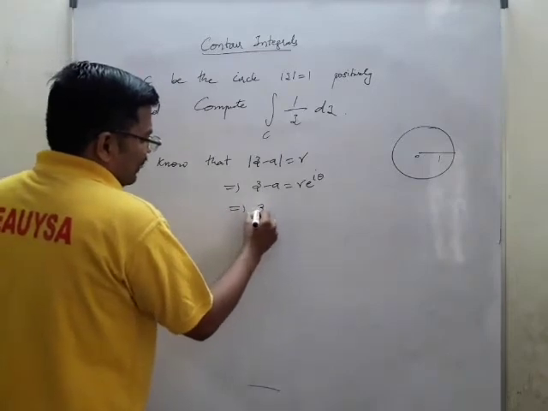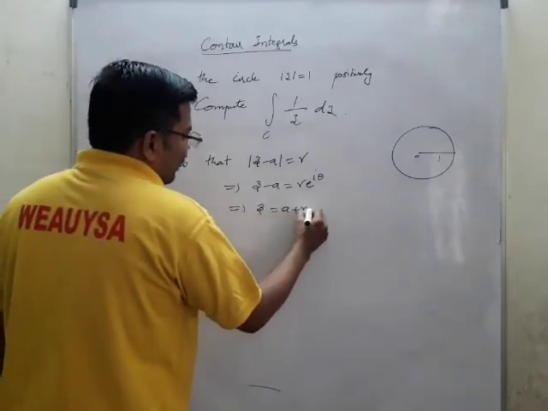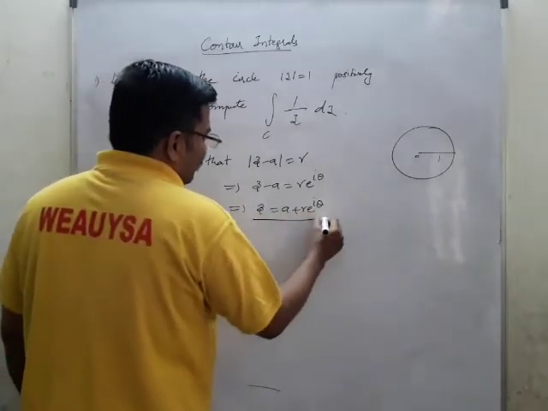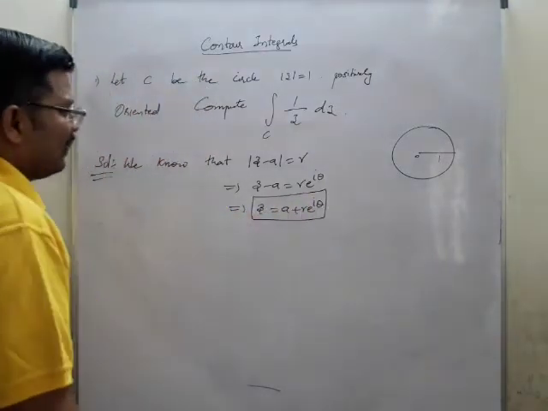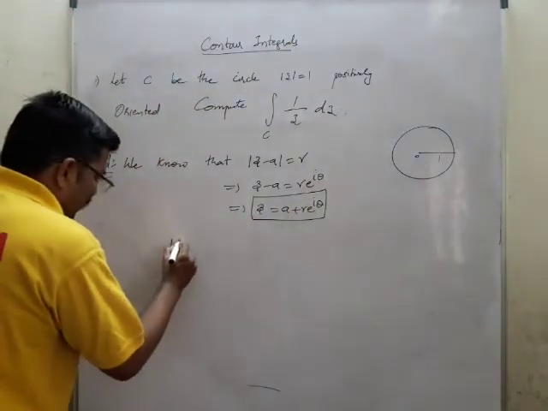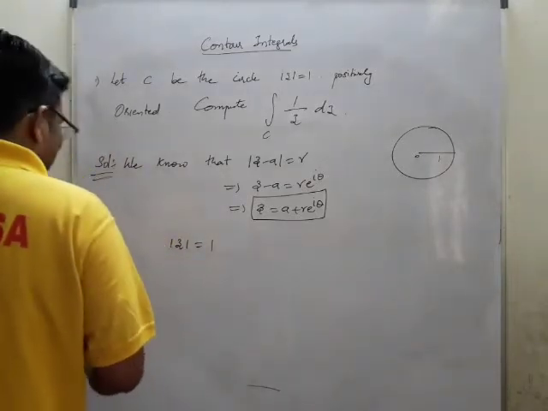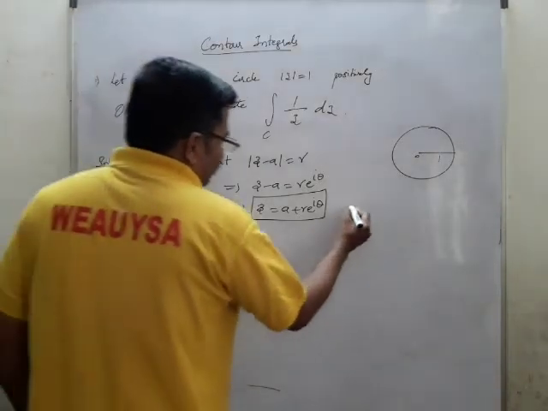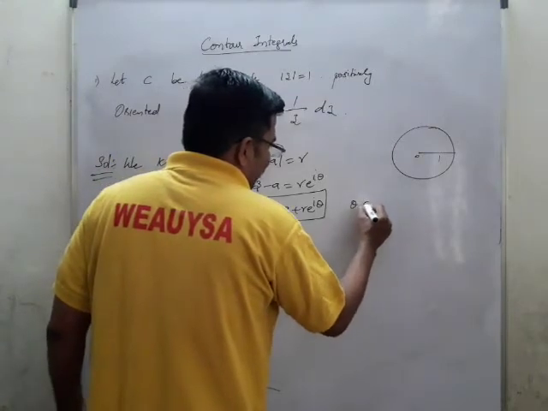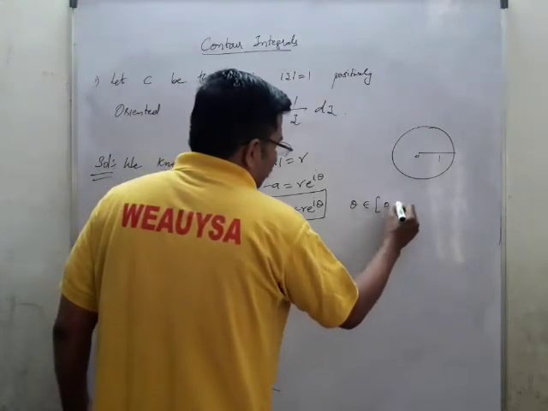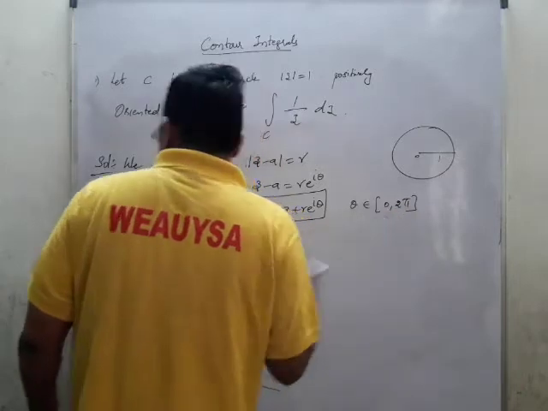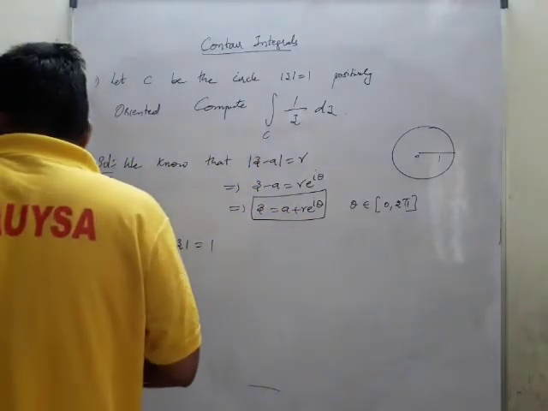This implies z is equal to a plus r e power i theta. This is the formula which we have. Now let us take mod z is equal to 1, where theta belongs to 0 comma 2 pi, that is, theta varies from 0 to 2 pi.